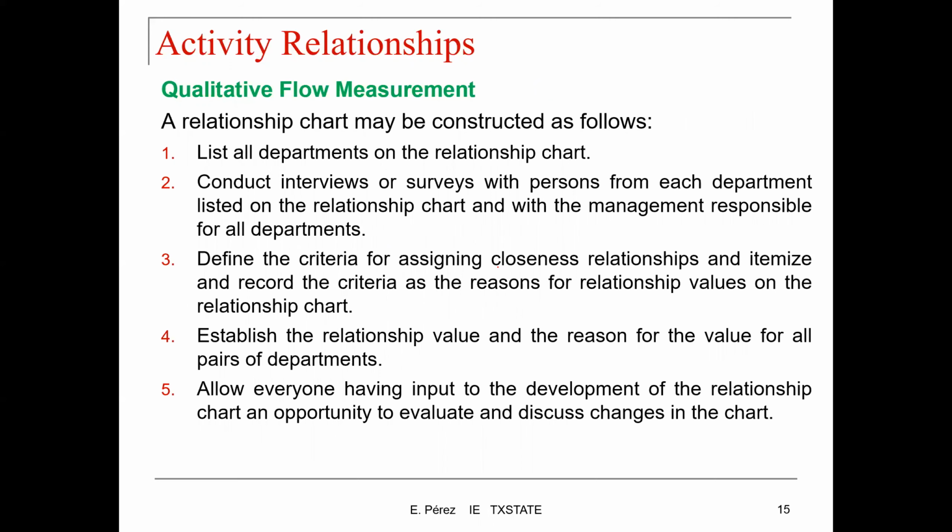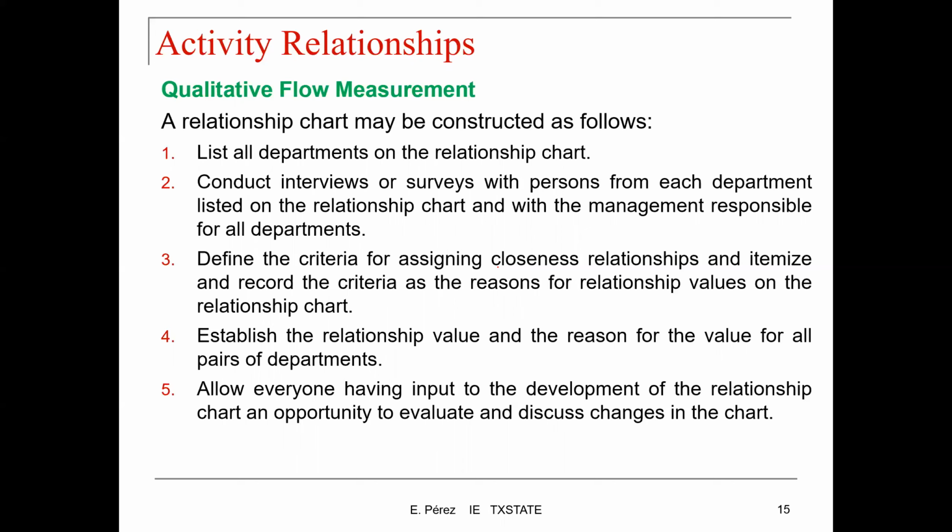A relationship chart may be constructed as follows. First, you list all the departments on the relationship chart. Two, you conduct interviews or surveys with persons from each department listed on the relationship chart and with the management responsible for all departments.